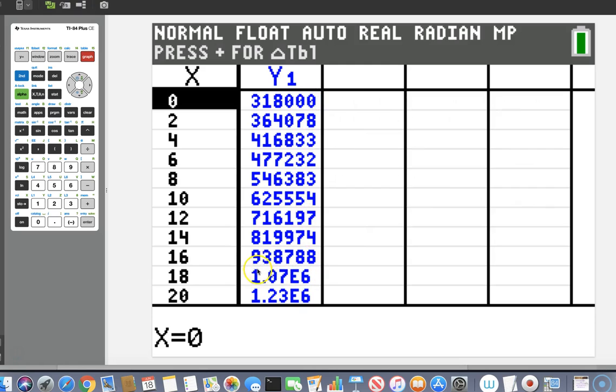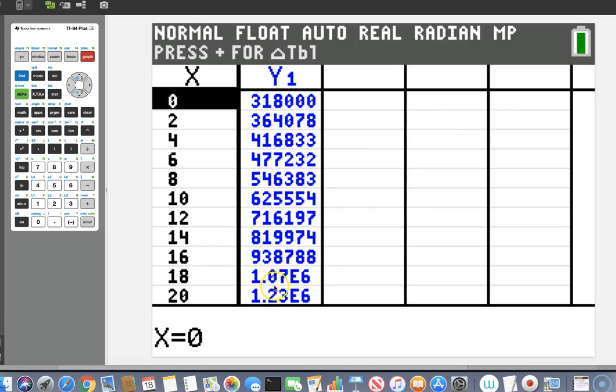The one thing to note here, and this is typical anytime you're working with your calculator, is that the last two values have the letter E in them. Anytime you see this E on your calculator, that stands for scientific notation. So this value here represents 1.07 times 10 to the 6th power, and 10 to the 6th power is 1 million.